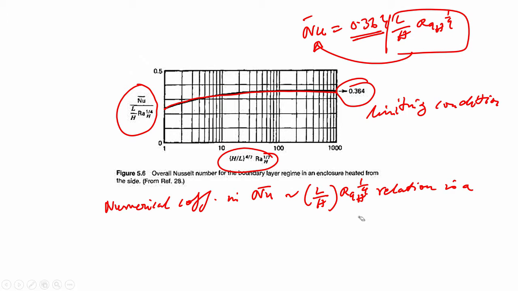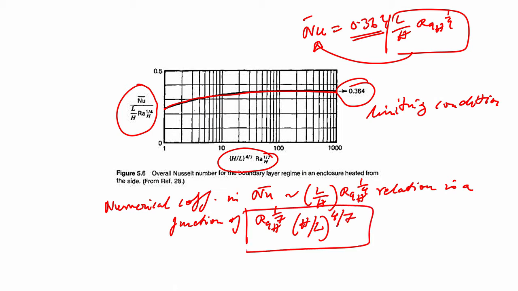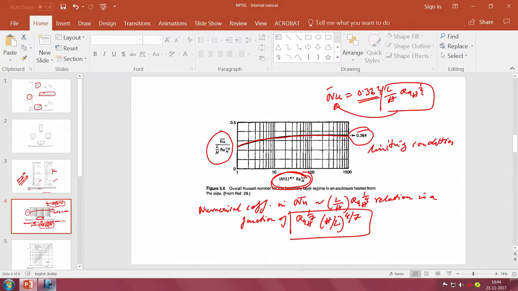It is a function of Ra to the power of 1 by 7, H by L to the power of 4 by 7. That is the relationship that you get, because that is what the factor is over here. Only in the limiting condition we can see that it goes up to about 0.364. So this you can remember. It is not very simple like what Gill did.